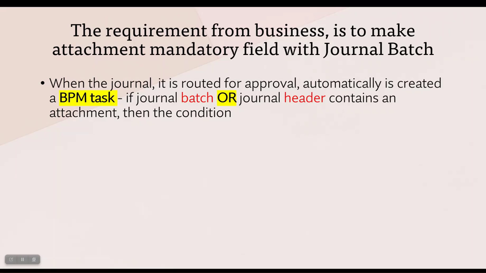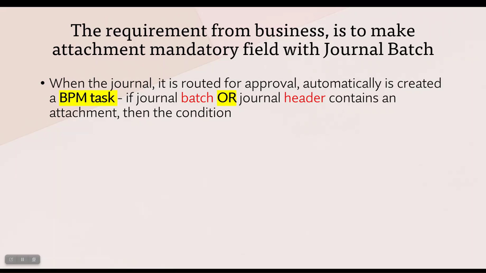Now for the BPM task, as you know, for journal approval rule creation there are two methods: through BPM, business process management, or through the journal approval spreadsheet as a source. The attachment on GL has two levels. You can find this attachment field at journal batch and journal header.